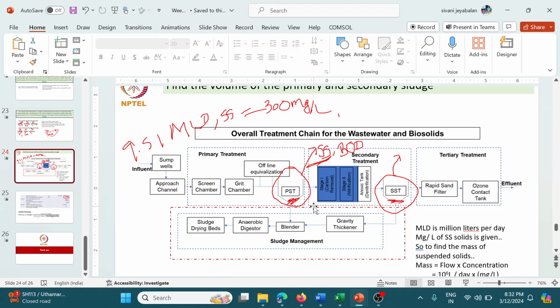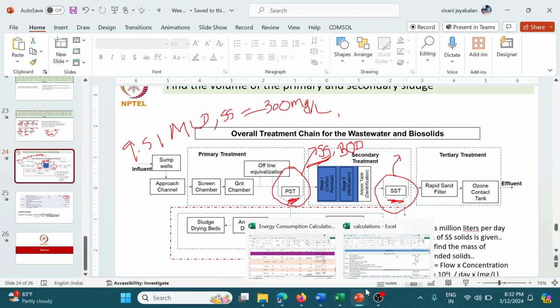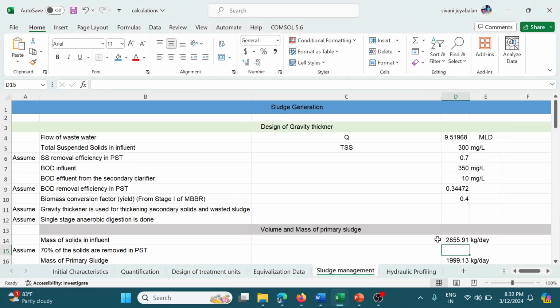So what will be the sludge produced by suspended solids in PST? Now tell me. You are getting my point? Yes, ma'am. It's 1999.1328. Yes, it's correct.